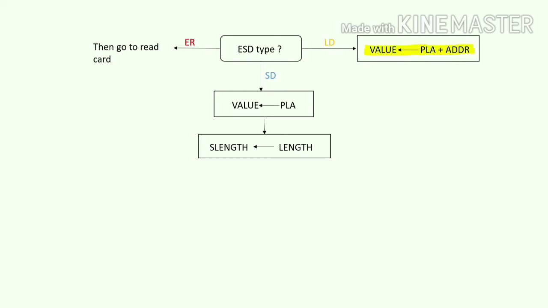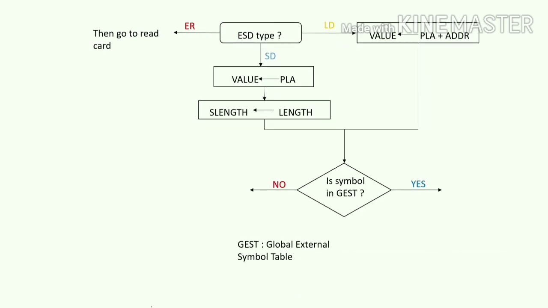Now, as we have determined the values of symbols, we will perform operation 2, that is storing these values in the global external symbol table. First, we will check if the symbol is already present in the global external symbol table or not.